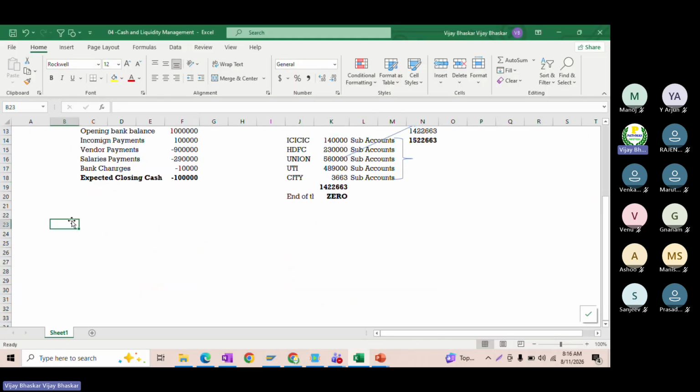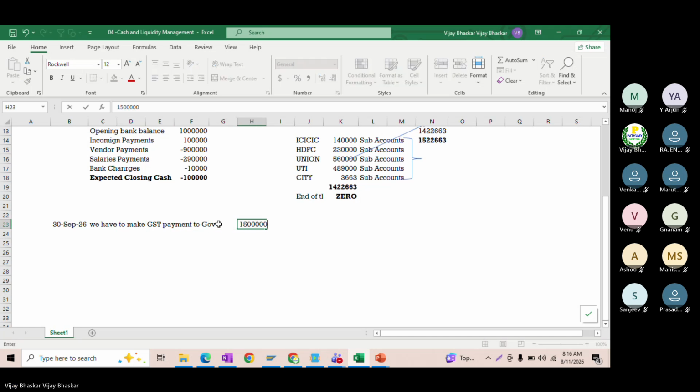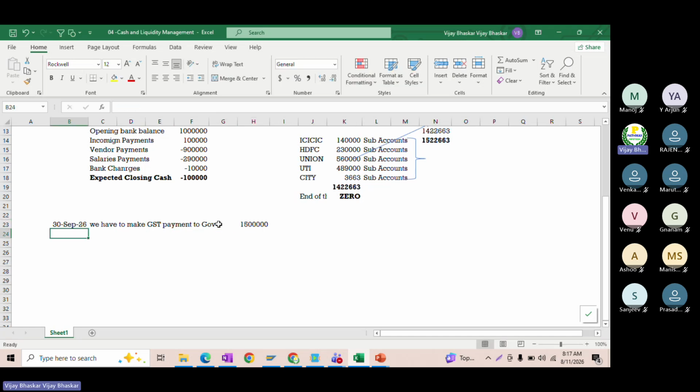So now let us understand: on 30th of September 2026, we have to make a GST payment to the government. Let us assume the amount here is 15 lakh rupees. 15 lakh rupees is not a small amount. It's a huge amount.